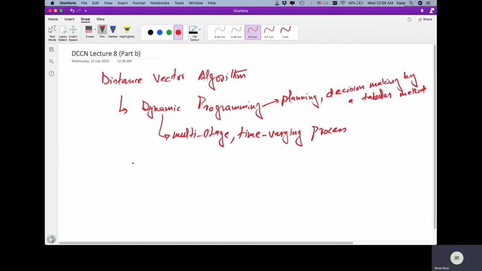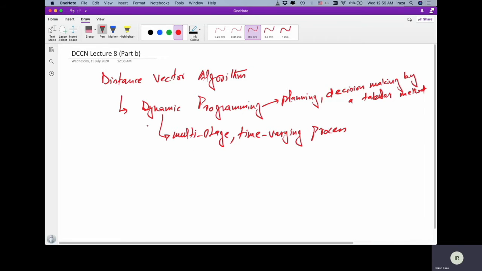So this distance vector routing algorithm is based on dynamic programming, and the word dynamic means a multi-stage or time-varying process, and programming means planning, making a decision by solving something using a tabular method.